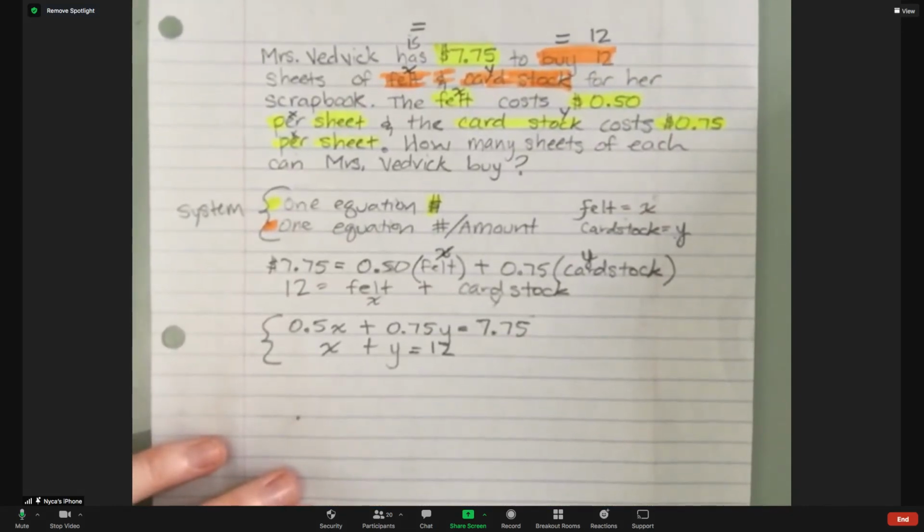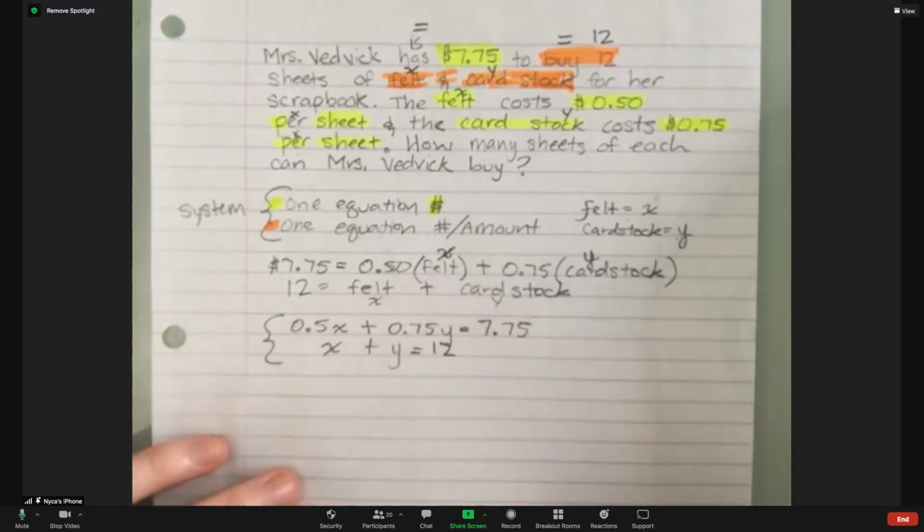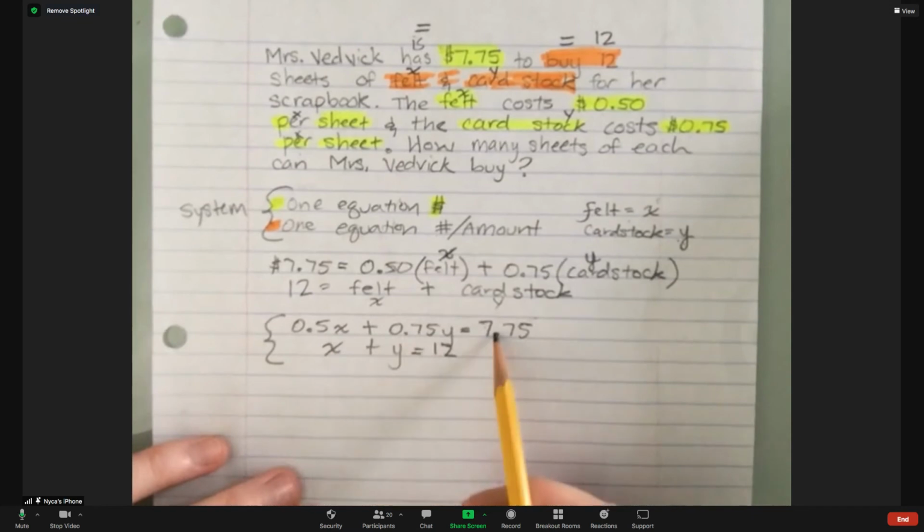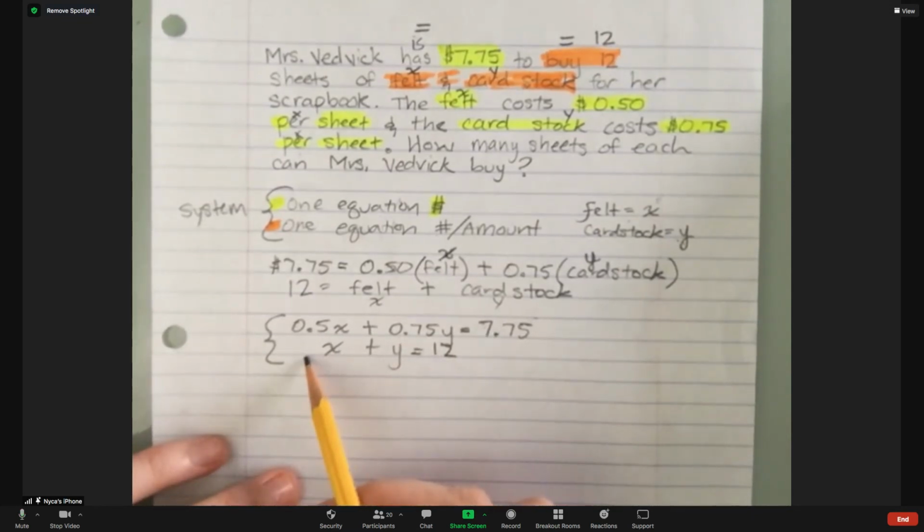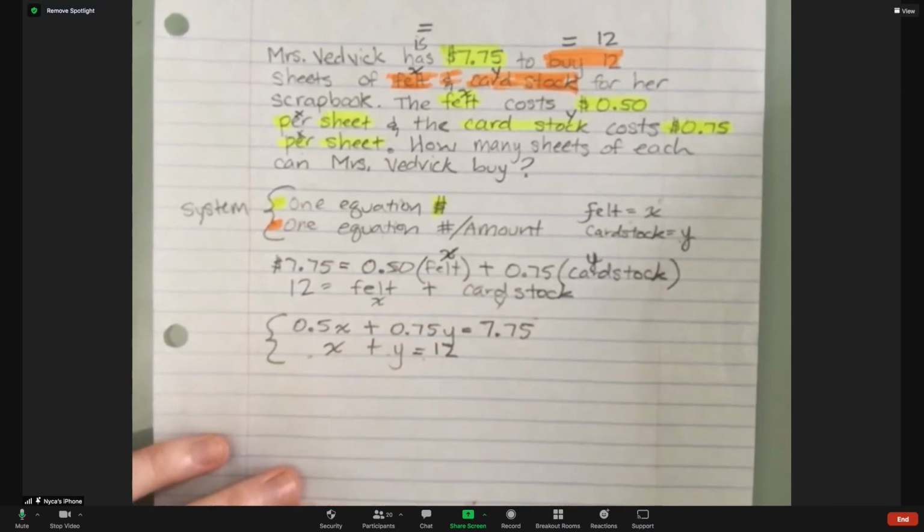To do elimination, you can either multiply to make -1, or you can see that these are units of 1 and multiply these to make it -0.5. How would you do that?